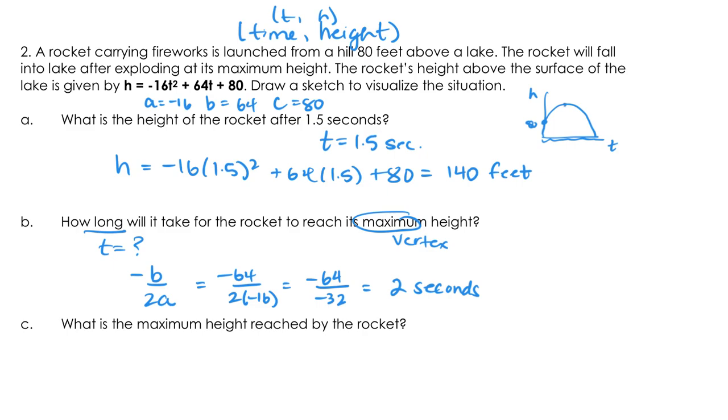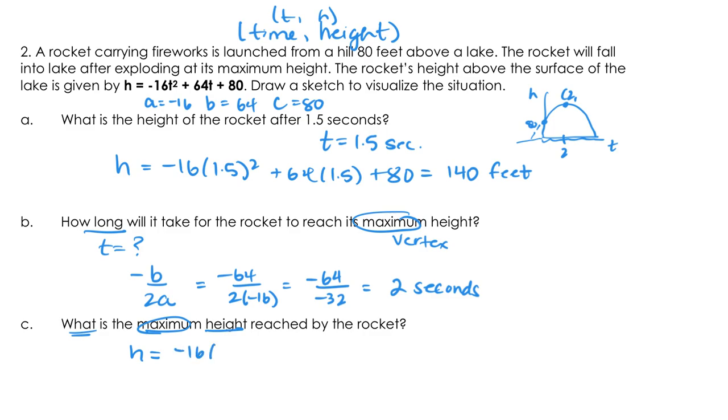So we know that the top right here is at 2 seconds. But it's not quite in the middle because our graph starts a little back here. Now the next question is asking, what is the maximum height? So that is asking, what is the h value when we're at a time of 2 seconds?